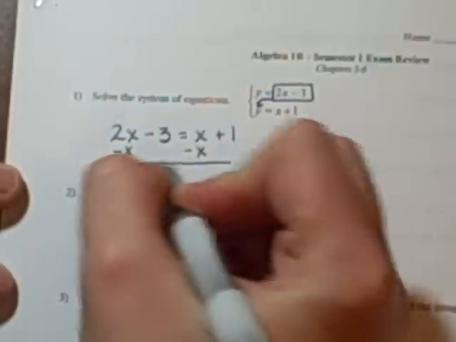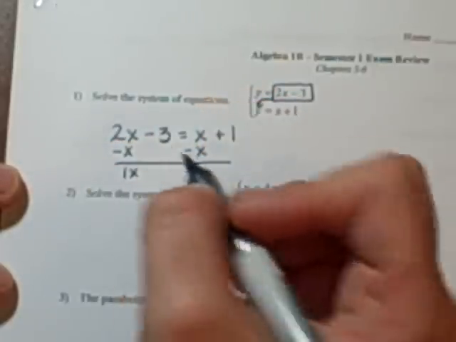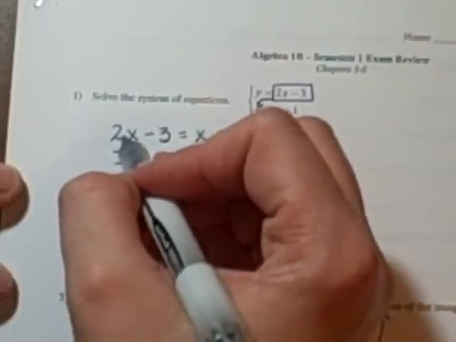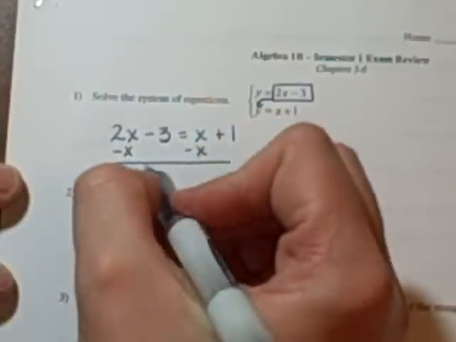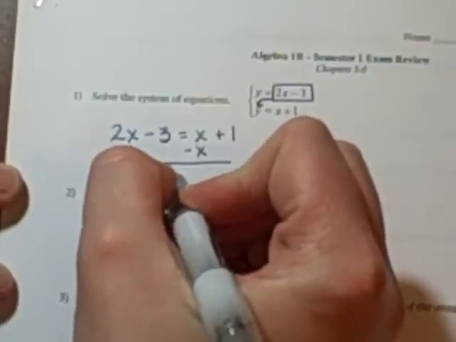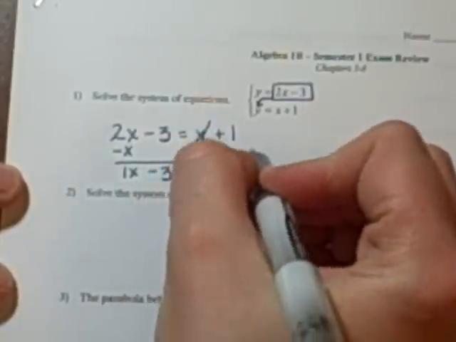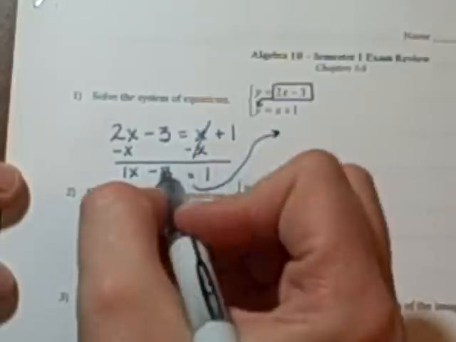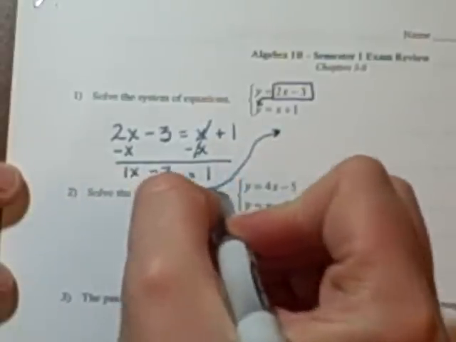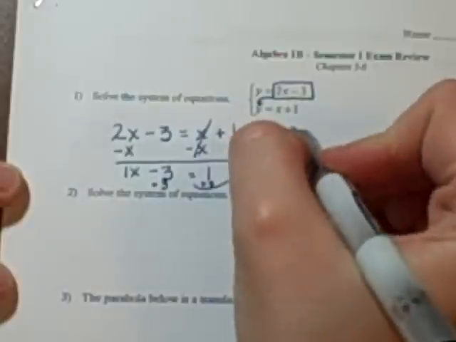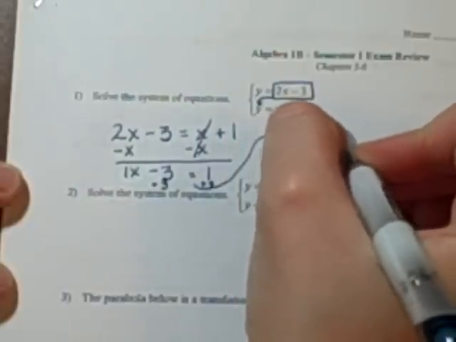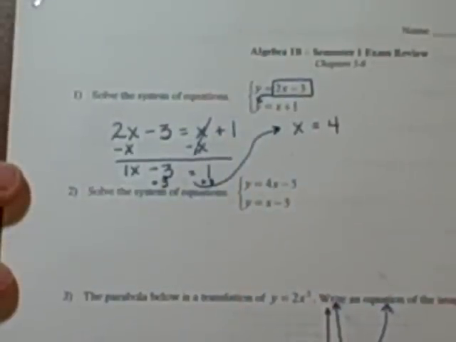Remember, 2x minus x is 1x. Okay, it's not just 2. This is like 2x minus 1x, and so you'd be left with 1x left over. Minus 3 equals 1. From here, I would add 3 to both sides. So then I would end up with x equal to positive 4.